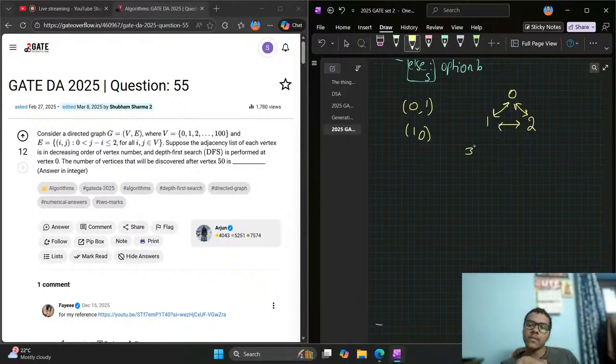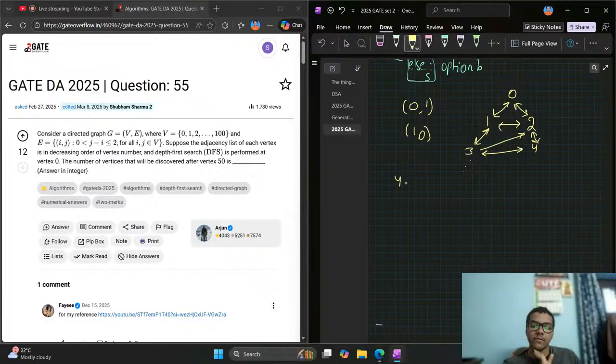So 3 will not be connected to 1 at any cost. 3 will be connected to 2, and 4 will be connected to 3 and 2. Something like this, you will get a graph. So the adjacency list of each vertex is in decreasing order of the vertex number.